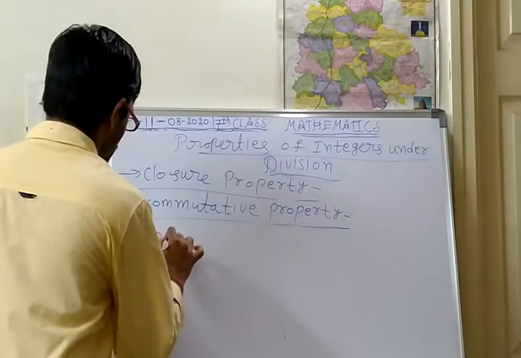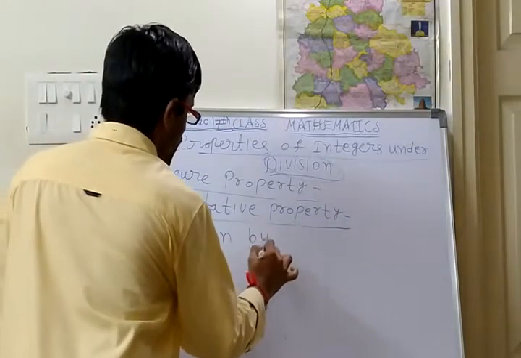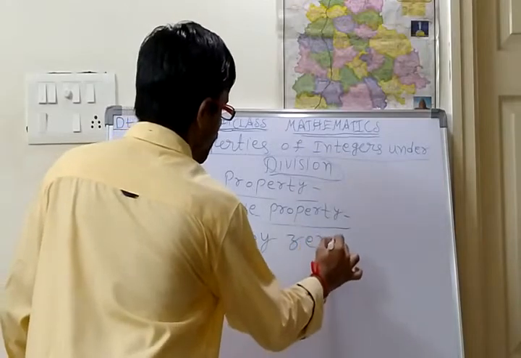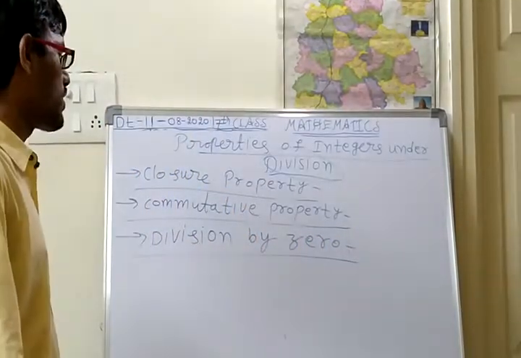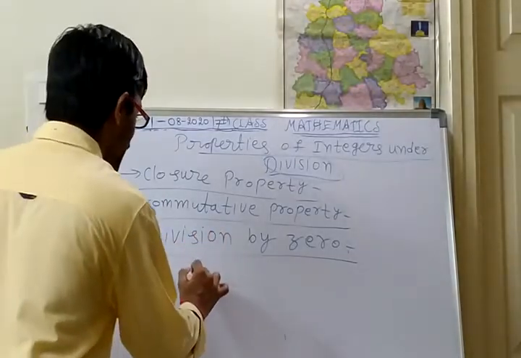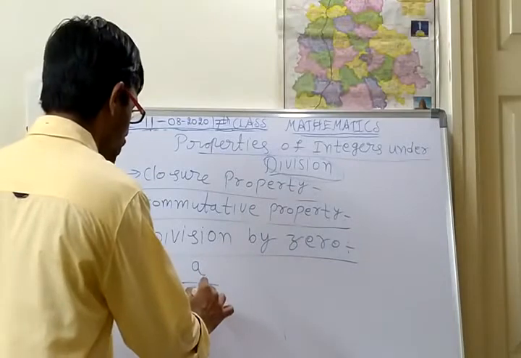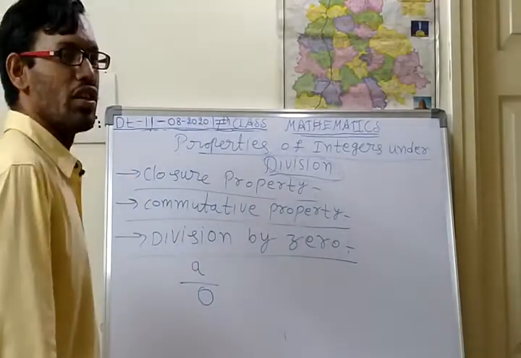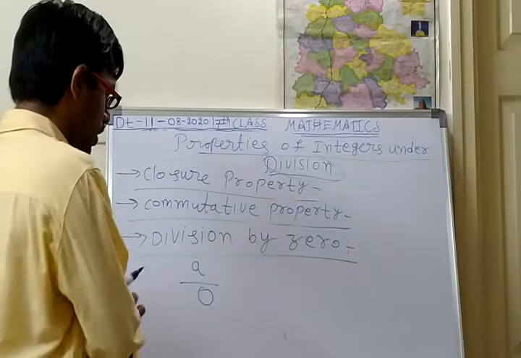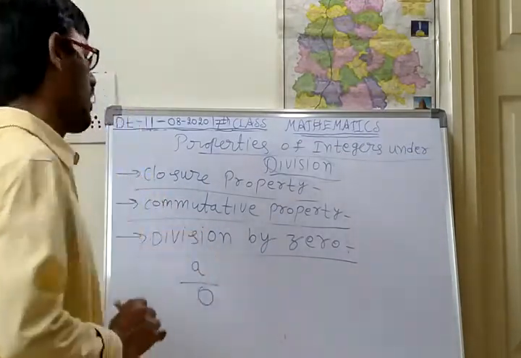Next, division by 0. What is division by 0? If you take any integer, suppose A is an integer, you have to divide it by 0. So A divided by 0.